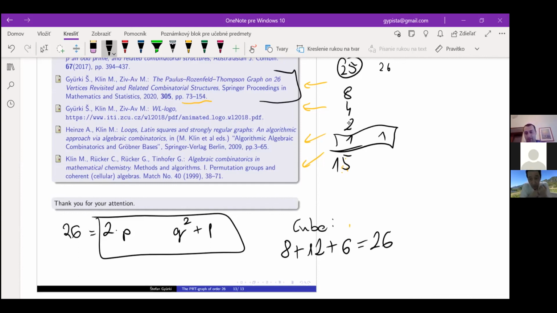Related to our graphs, they are just single objects, but in other places this is a number which is more than 1. So there is one particular regular two-graph that connects this Paley graph and the Paulus-Rozenfeld-Thompson graph.